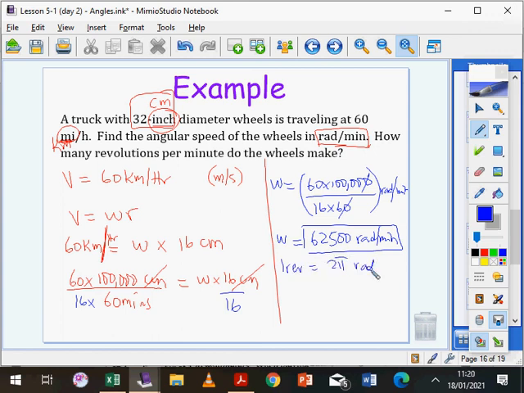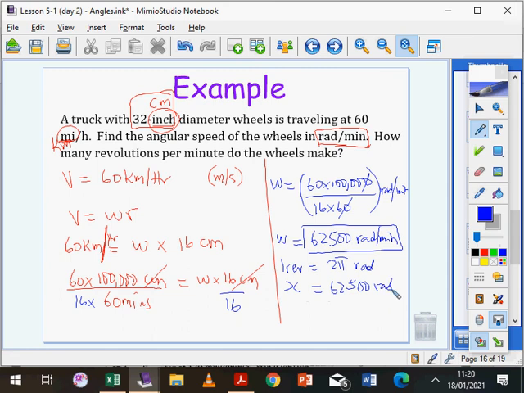If one revolution is 2 pi radians, how many revolutions will be in 62,500 radians? I'm trying to figure out how many revolutions are going to be in 62,500 radians.